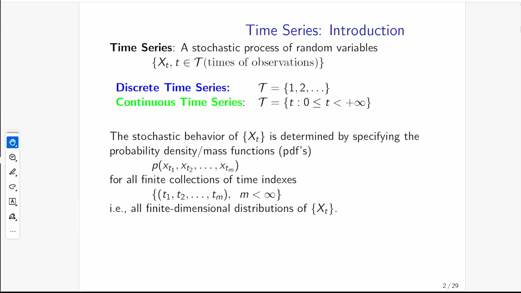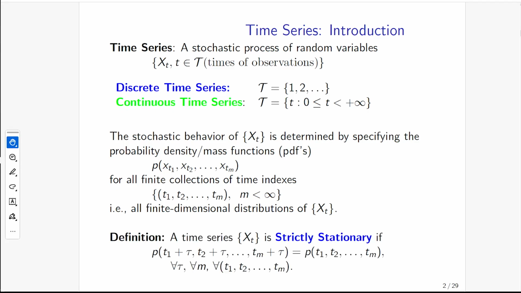Here we have m different time points. This generalizes to all cases of m. And such a subset of the values of the process are a finite dimensional set of values. And so we'll have finite dimensional distributions for x_t.